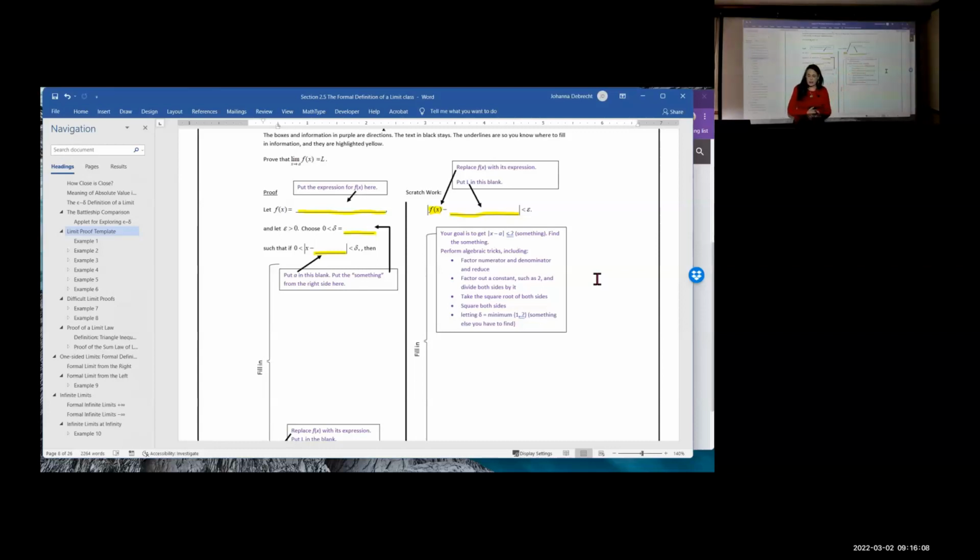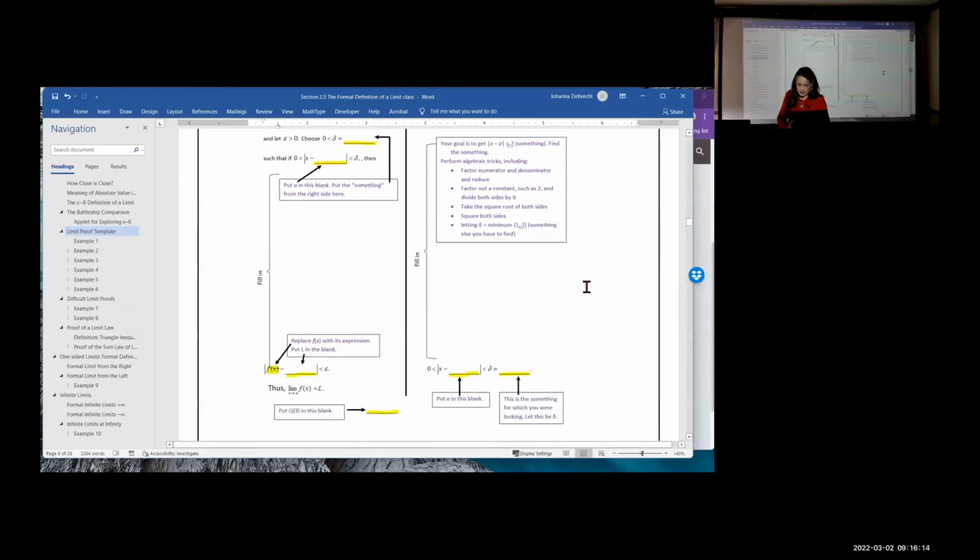We're looking for that. That's our goal on the scratch work side, is to get the absolute value of x minus a less than something. So down here, we're trying to fill in this blank. This is going to be filled in with a, and this is what we're looking for right here on the scratch work side, this delta. We're trying to find delta for the epsilon that's set.